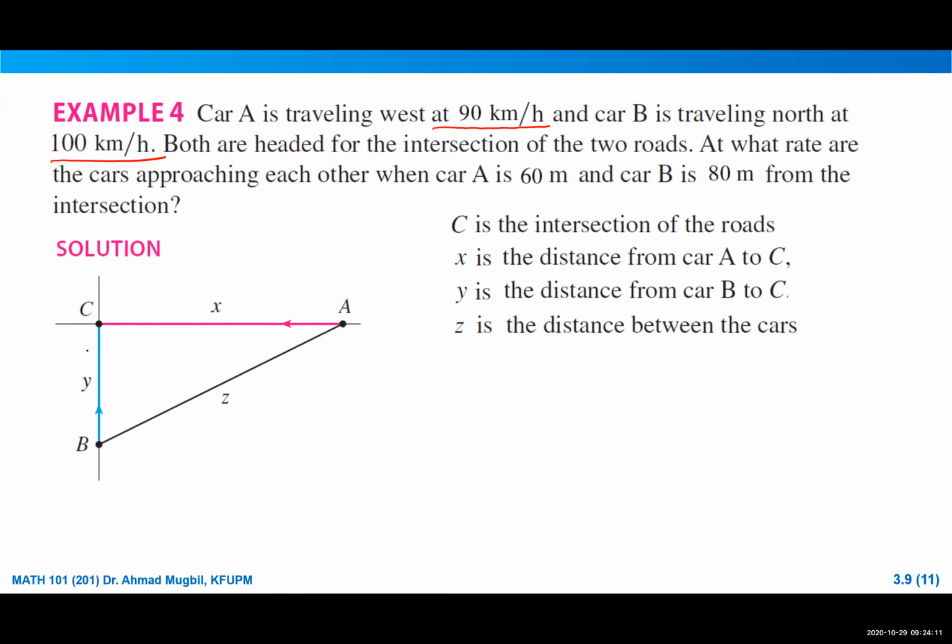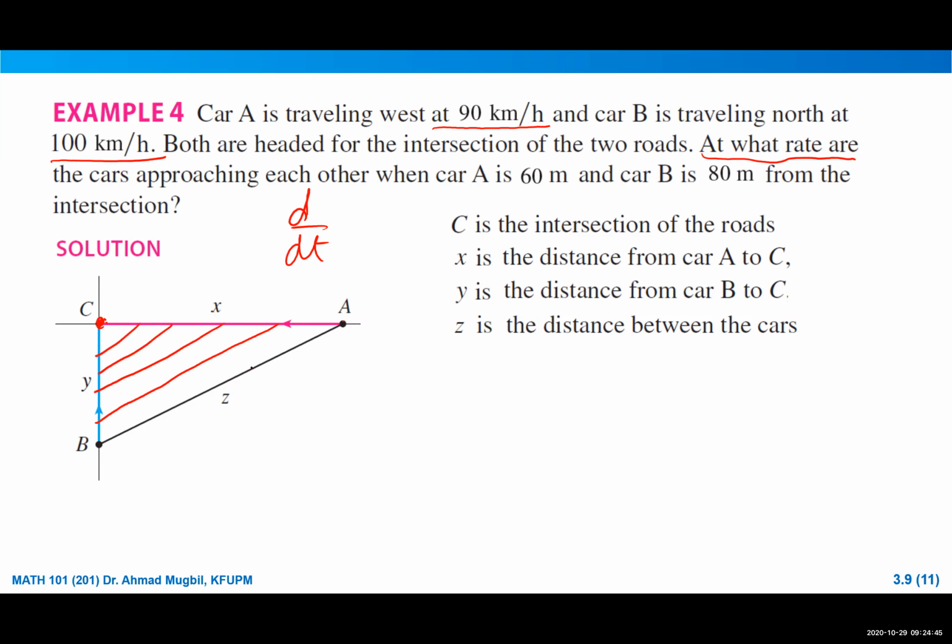Let's call it Y. Now he is asking at what rate, so he is asking about d-something dt: at what rate the cars are approaching each other. When they meet at the intersection point, the distance between them will be 0. Of course, the distance between them is a variable and it will change. Look, when they are here, it will get smaller and smaller.